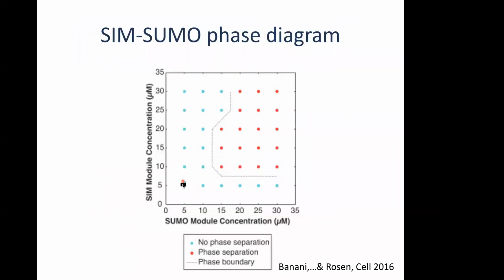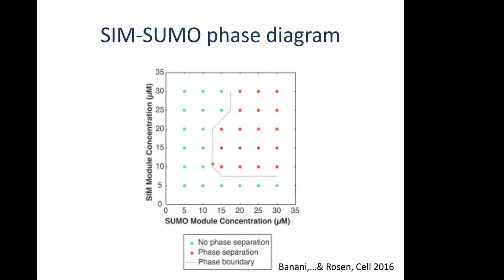So it's just like the oil and water system. If you only have a little bit of the polySUMOs and a little bit of the polySIMs, entropy wins, and somehow they're just dissolved in the water and they don't phase separate. But as you increase the total amount of these polymers, eventually you reach some critical concentration, at which point all of the additional polymer that you put in will go into these phase separated droplets.